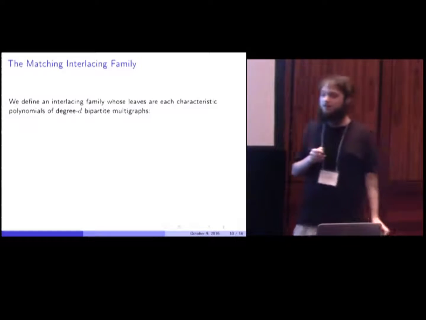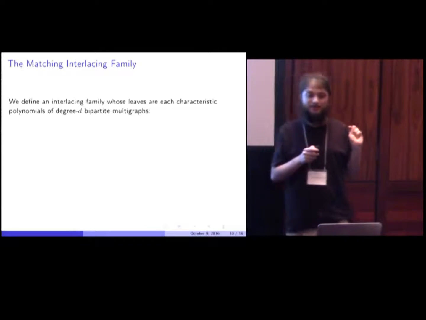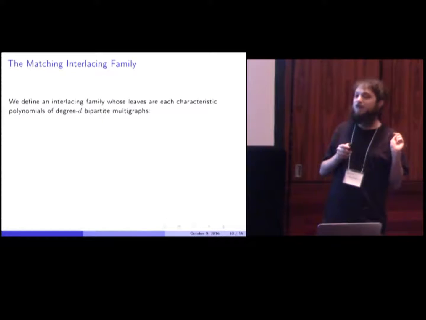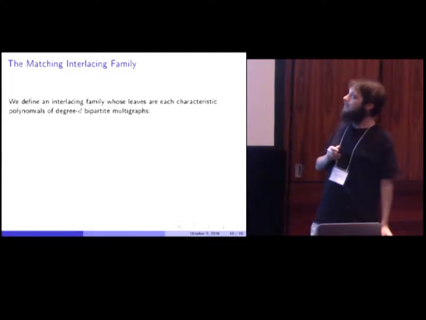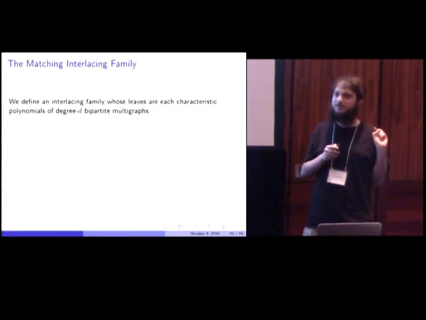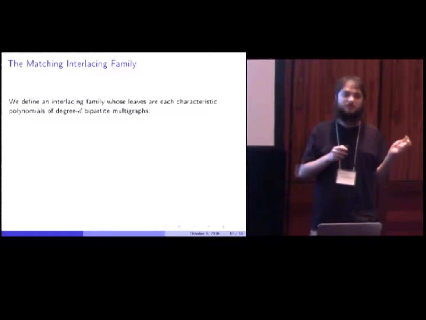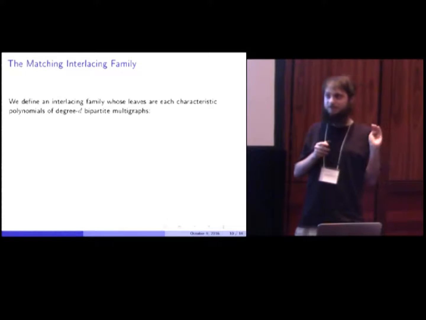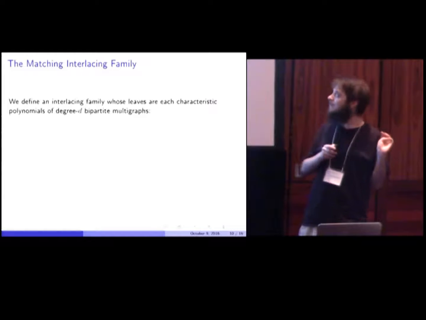Okay, so what's our actual interlacing family? How do we go from picking random perfect matchings to a tree form like that? Well, the leaves of our tree, we want them to be the things we end up returning at the end, so they should basically correspond to graphs. But rather than a leaf corresponding just to a graph, it's going to correspond to a specific realization of a graph as a union of D bipartite matchings.